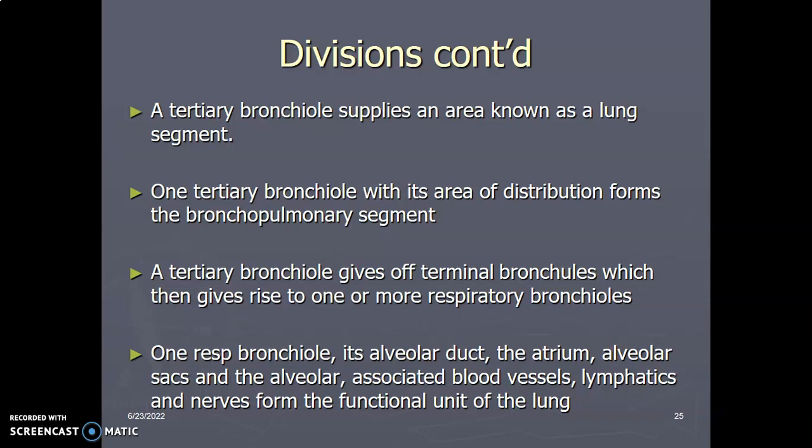Then from tertiary to terminal bronchioles, then respiratory bronchioles, to alveolar ducts with an atrium, then alveolar sac, alveolar cells. These alveolar cells are in close proximity with capillaries, nerves and lymphatics, and at that portion we form the functional unit of the lung. So together with the associated capillaries, you form the blood gas barrier.